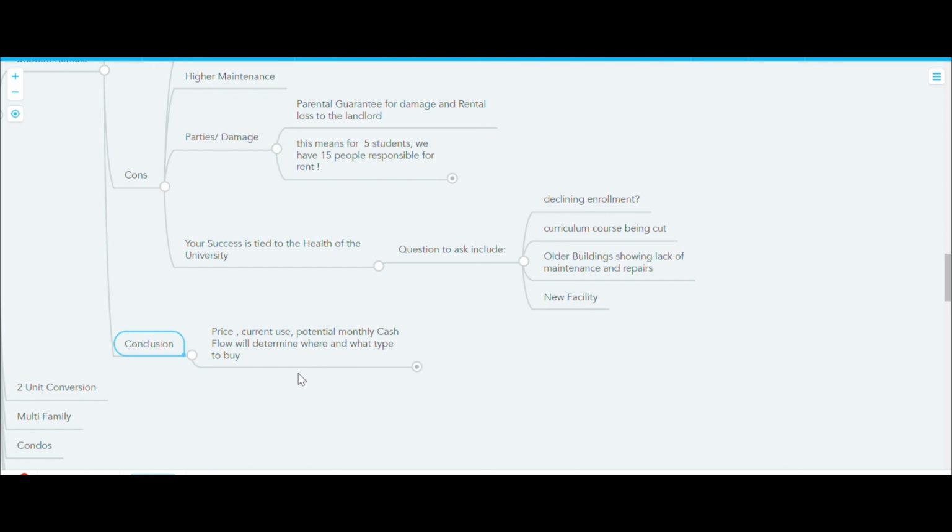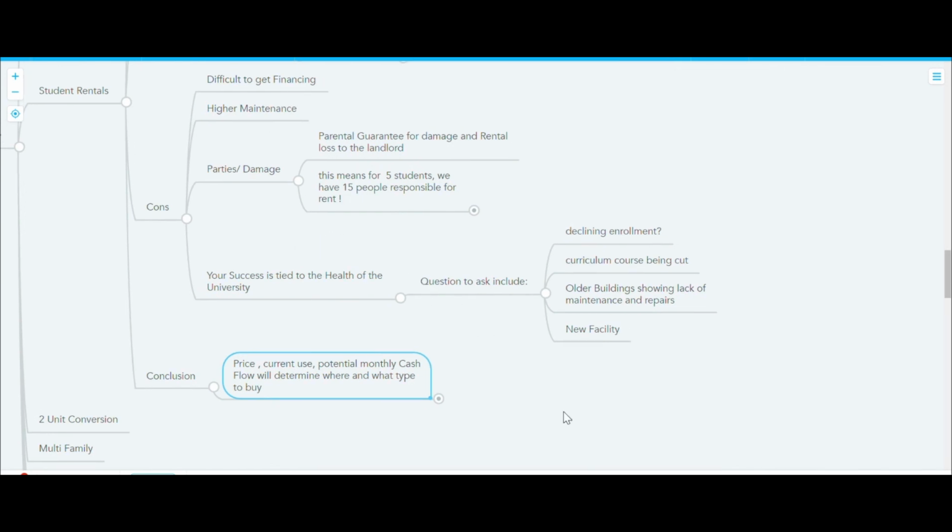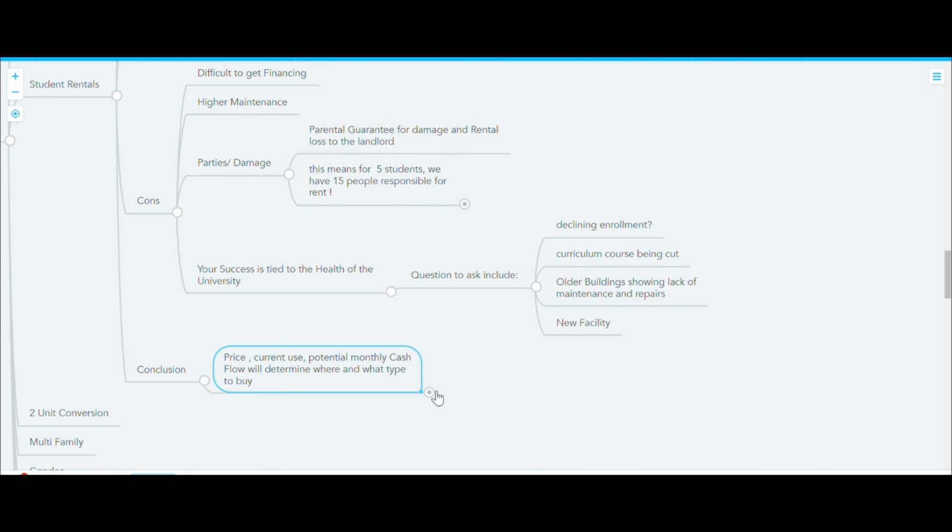That will determine where and what type of property you should buy for student rentals, right? So it's a great way to cash flow, but there are definitely a couple of due diligence items that you need to go through before you decide to take on this type of investment, right?